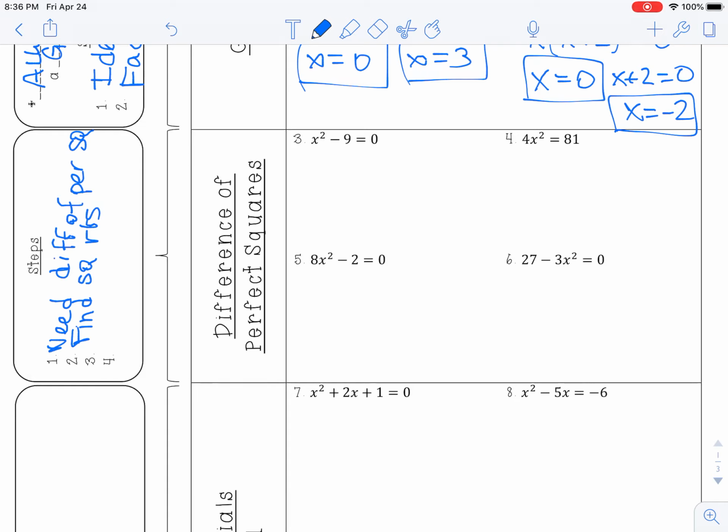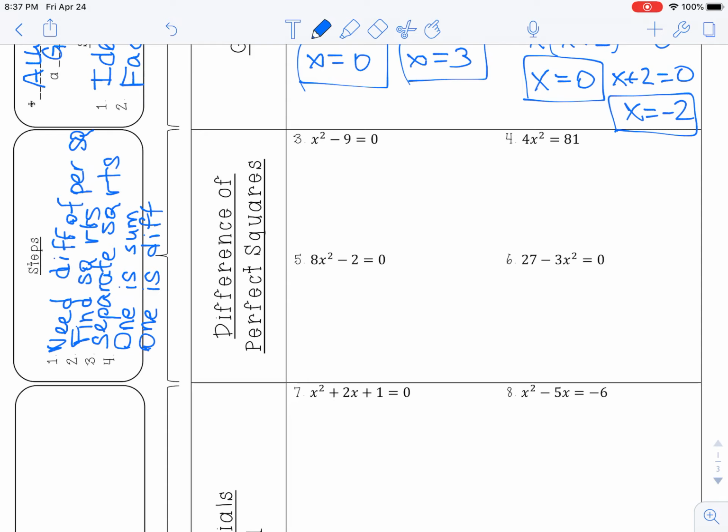Then you separate your square roots. And then one is a sum, and one is a difference, because that's how you don't have the middle term.